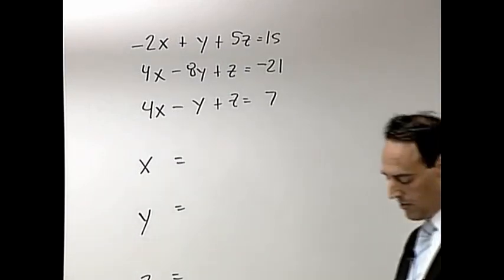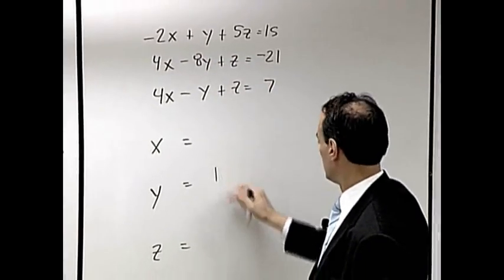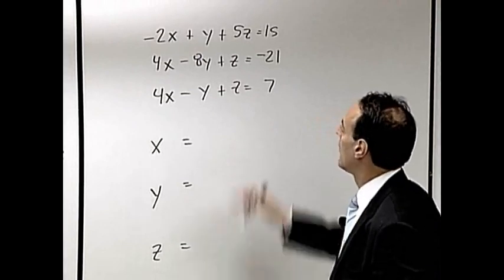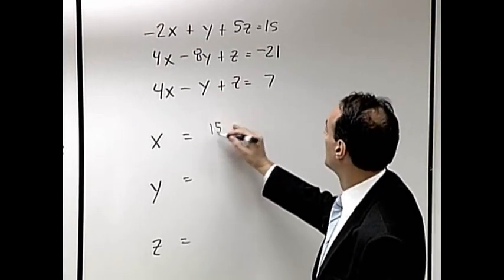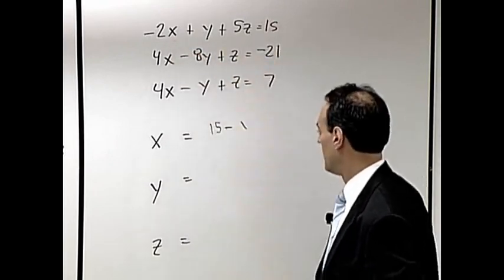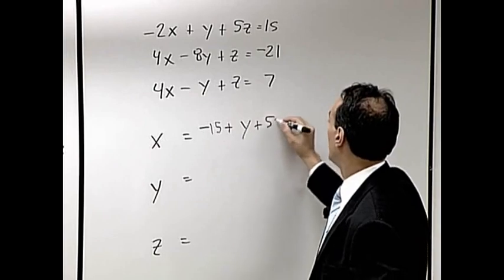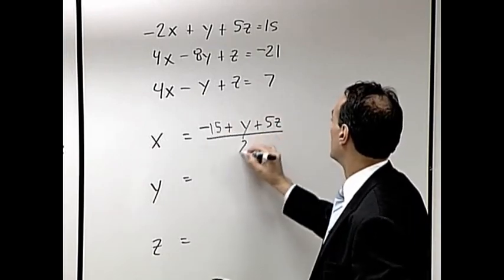Okay. If you do that, let's solve for x here, right? If I solve for x, I move the 2x over here, move the 15 over there. So it'll be minus 15 plus y plus 5z all over 2.